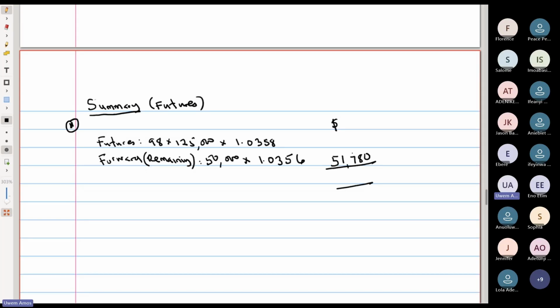And then the other one, 98 multiplied by 125,000 multiplied by 1.0358. That is 12,250,000 multiplied by 1.0358, which is 12,688,550.